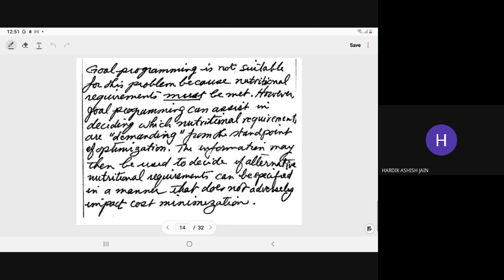However, goal programming can assist in deciding which nutritional requirements are demanding from the standpoint of optimization. The information may then be used to decide the alternative nutritional requirements, which can be specified in a manner that does not adversely impact the cost minimization.